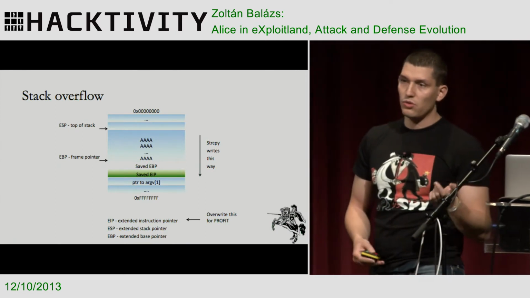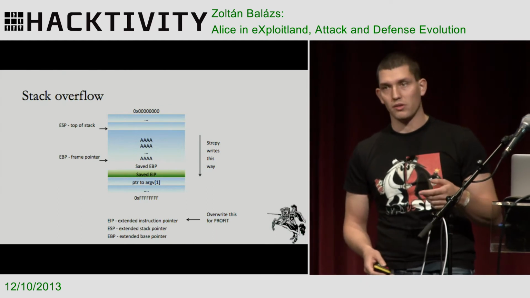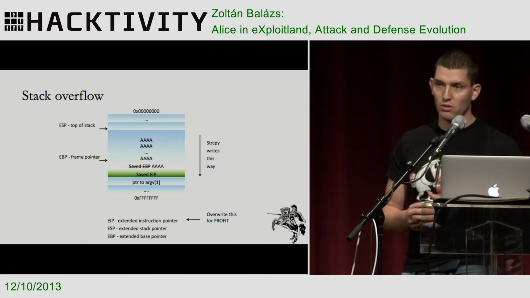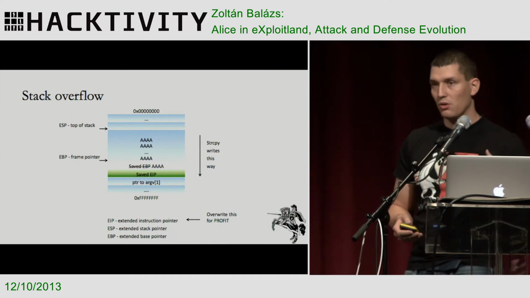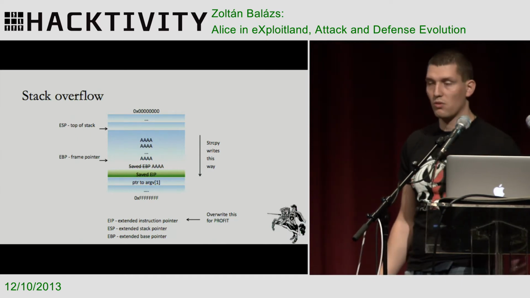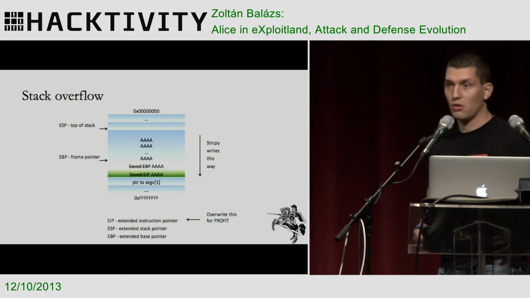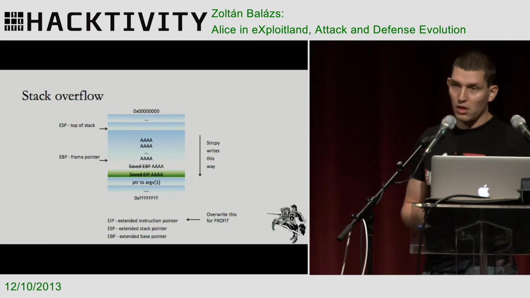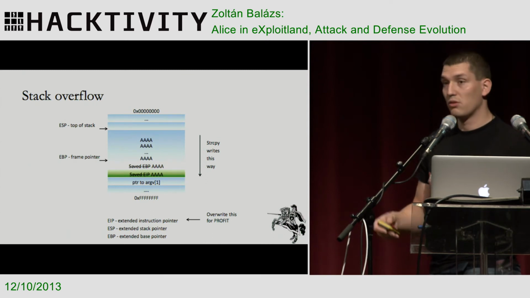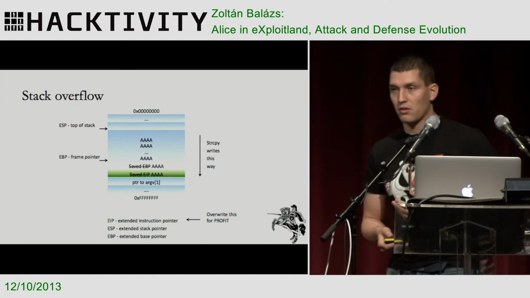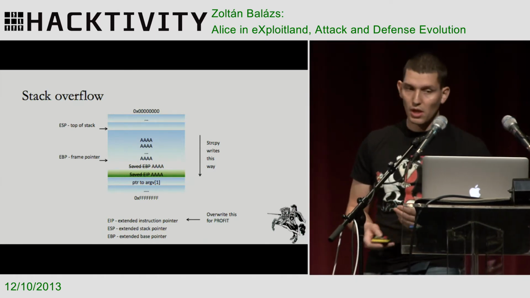So if the user can put more data on the stack, he can overflow the buffer and overwrite more data on the stack. So at first he can overwrite the EBP we don't care about, and the attacker can also overwrite the extended instruction pointer, the return address, where the function should return after its execution has been finished.